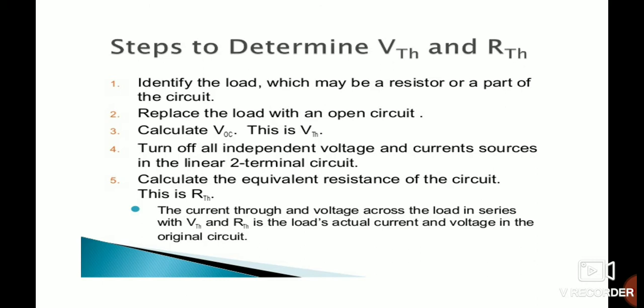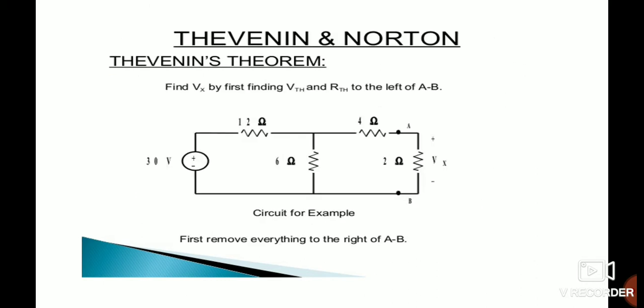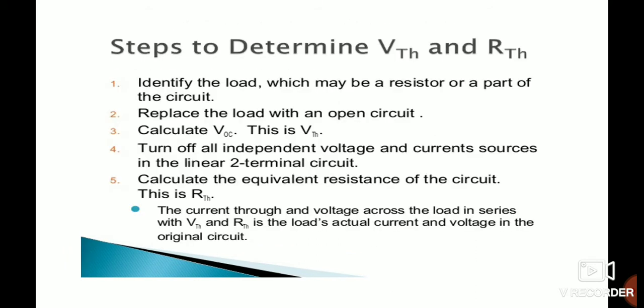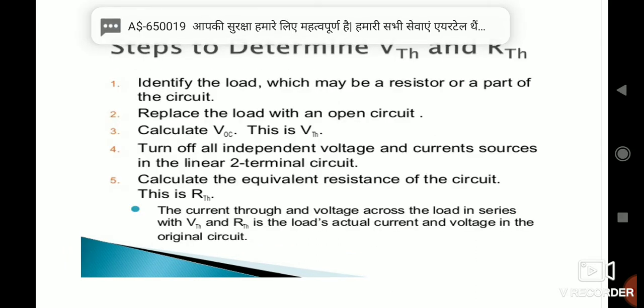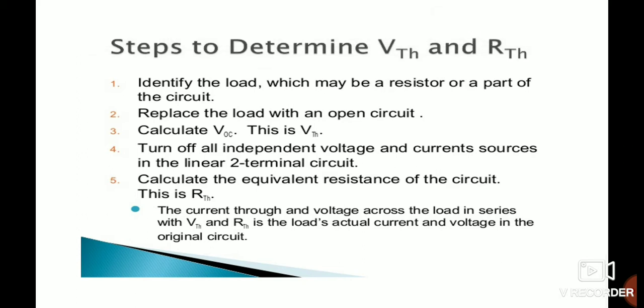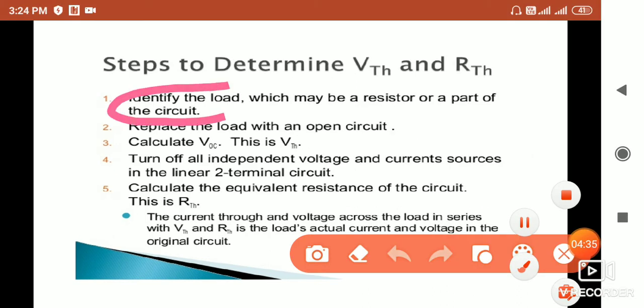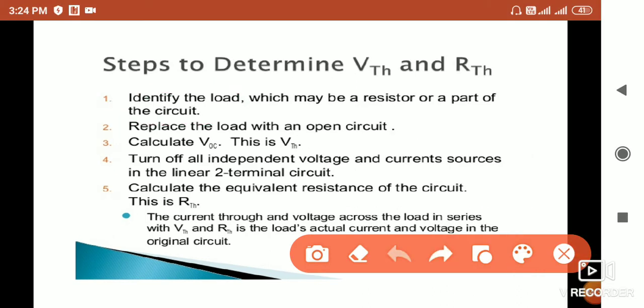So in the Thevenin theorem, or in the Norton theorem which we discuss later, first we define in which load we want to draw the Thevenin equivalent circuit. So the first point is that we should identify the load, or we identify the terminal, which may be a resistor or a part of a circuit.